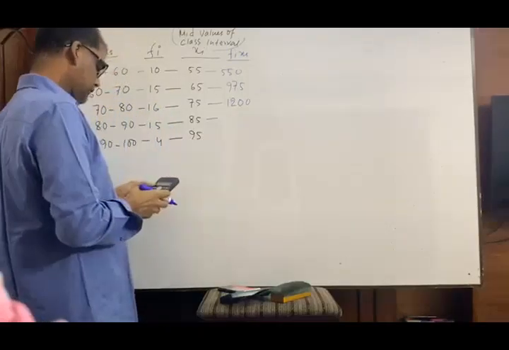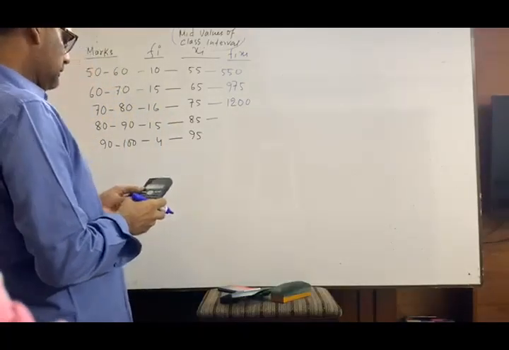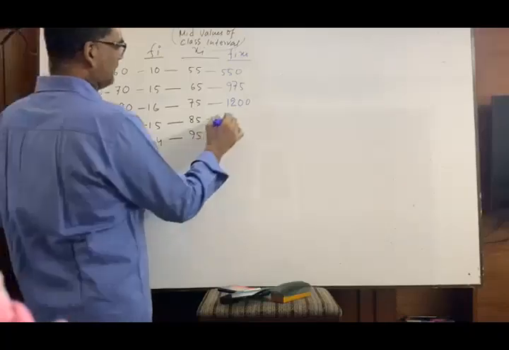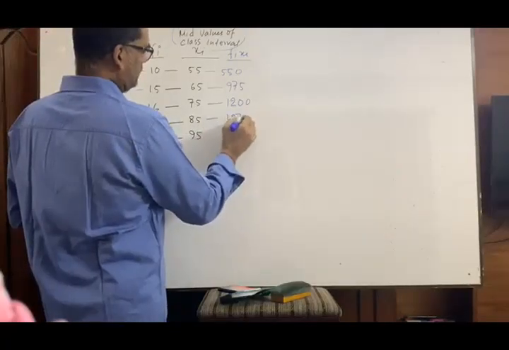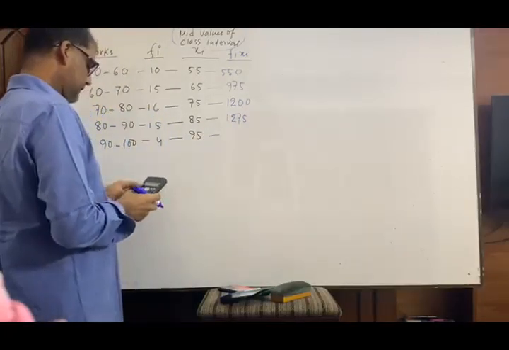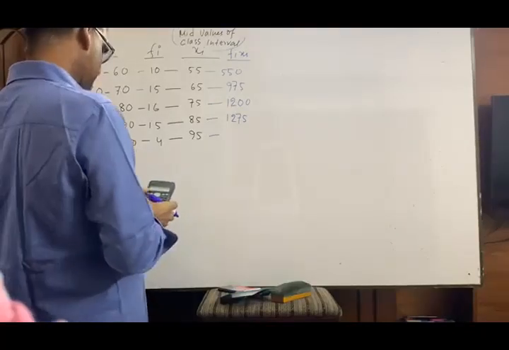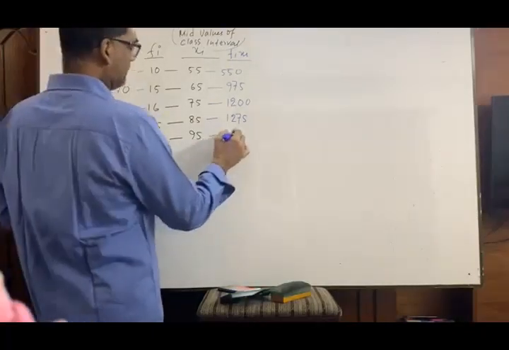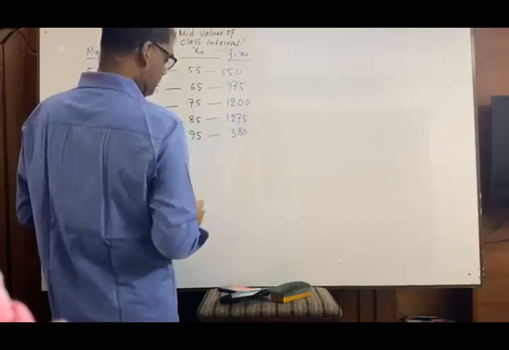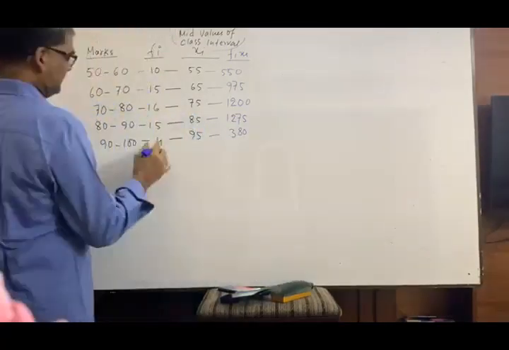Then 15 into 85 is 1275. Then 95 into 4 is 380.